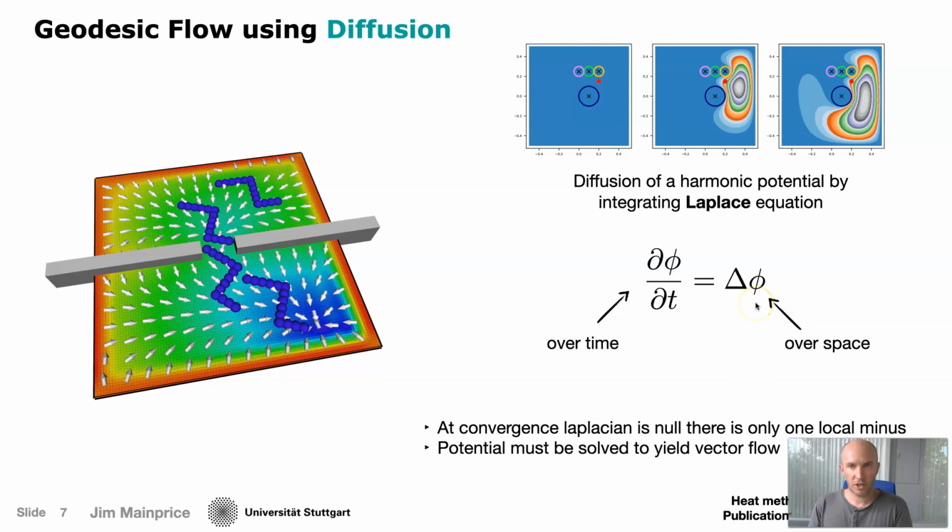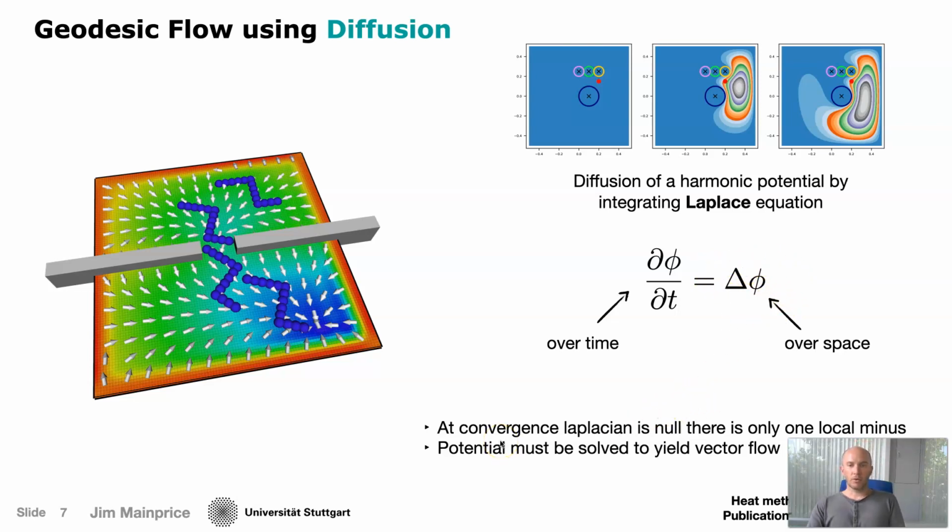We can define this geodesic flow by a diffusion process which is going to integrate the Laplace equation over time. So we have our source here, and we diffuse our potential over time by integrating the Laplace operator of that potential.